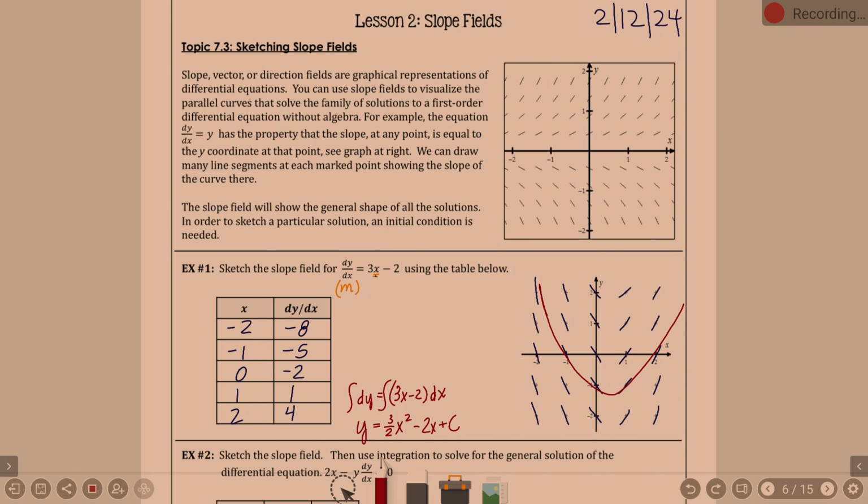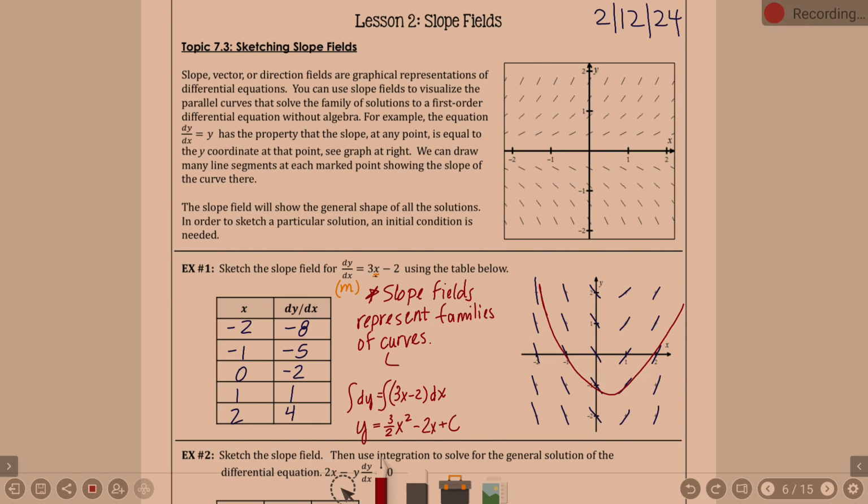But do you kind of see it following the slope? That's the idea of a particular solution there. Okay, so I'm going to put a comment here that slope fields represent families of curves.